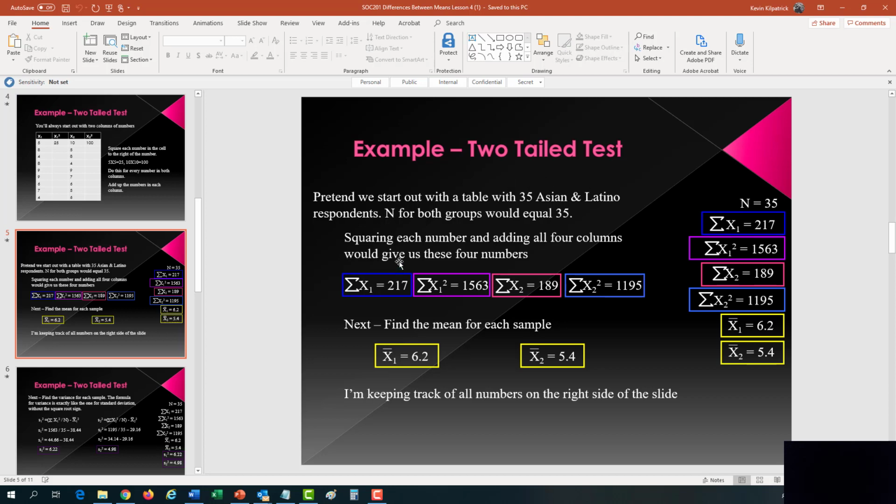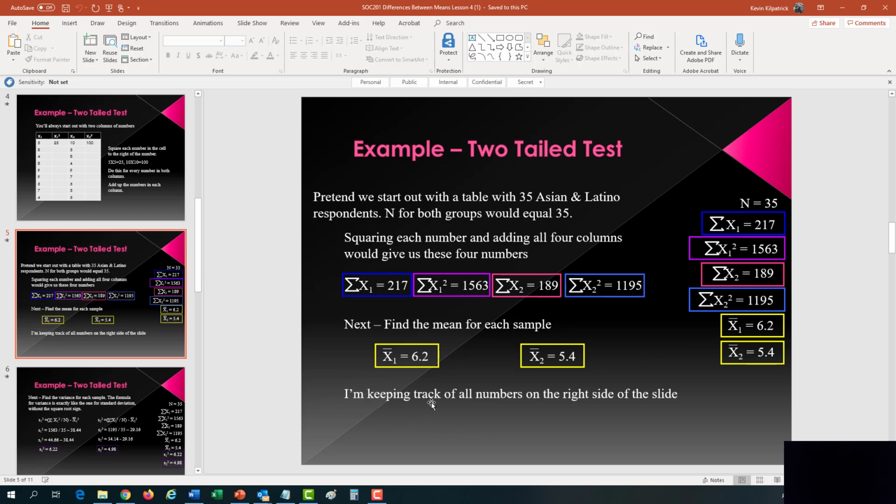If I added up the original column of numbers for the Asian respondents, I would get 217. If I squared each of those values and added that column, I would get 1,563, which I have over here.